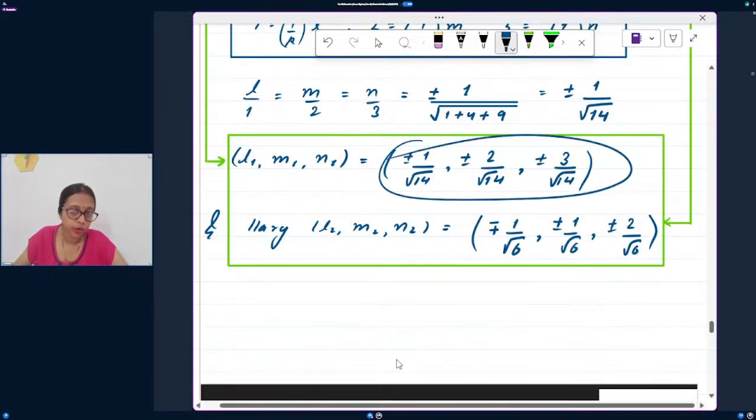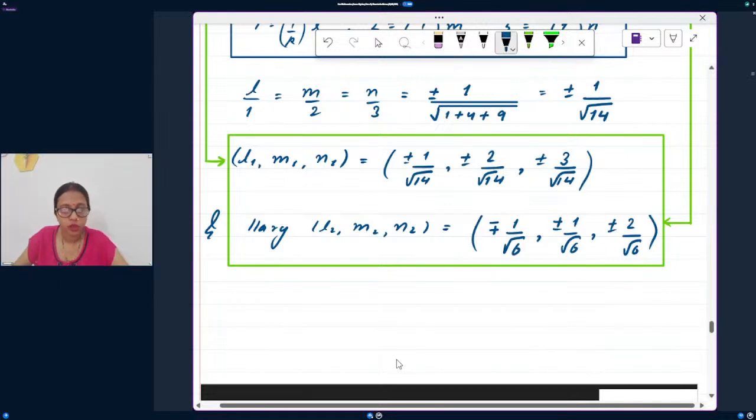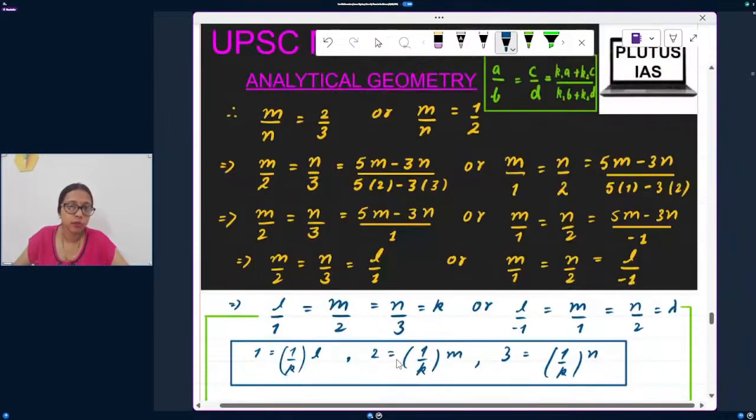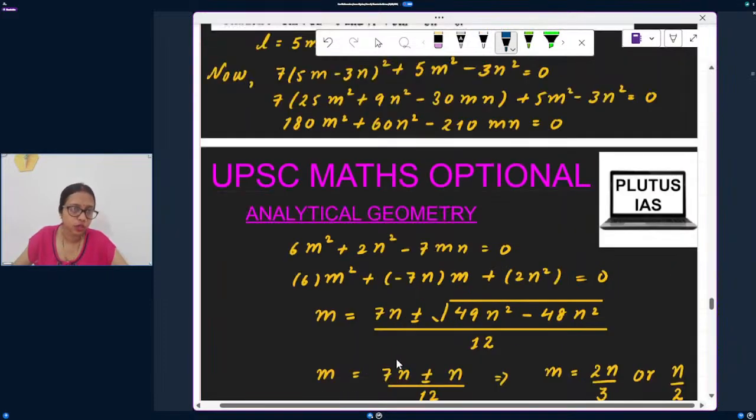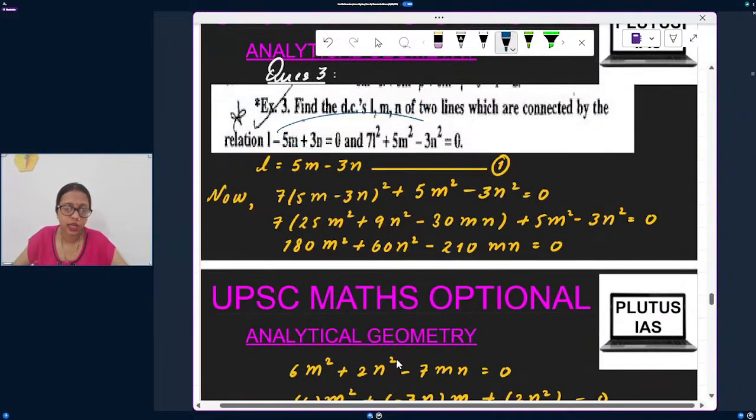One with all of them plus, one with all of them minus. Here also one with minus plus plus, then plus minus minus. So there are four choices because of that plus minus. Otherwise, in general, if I only take the positive values, then I have two choices of this element, which are satisfying both the relations. Next.